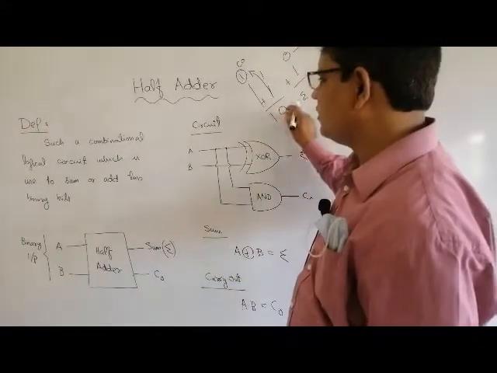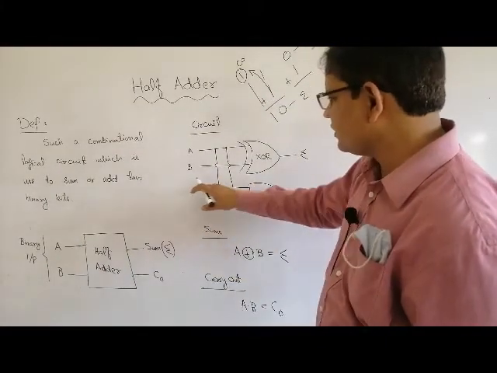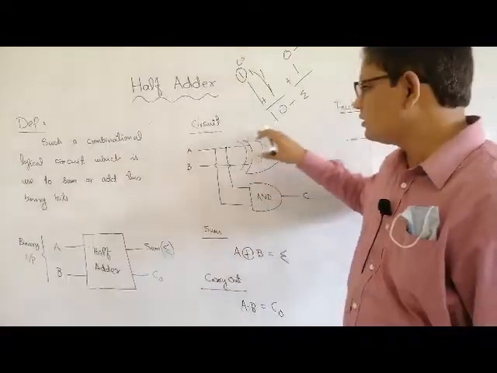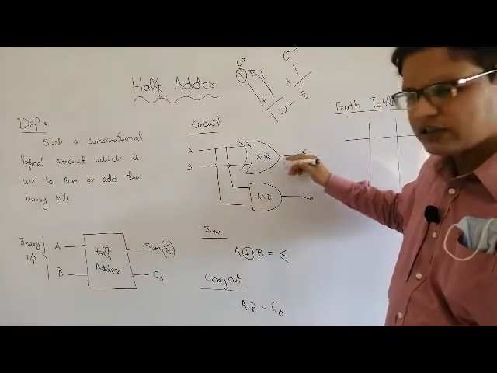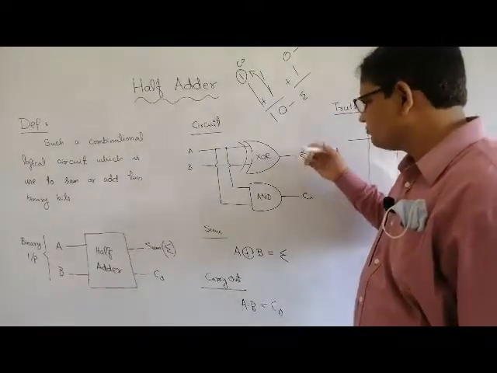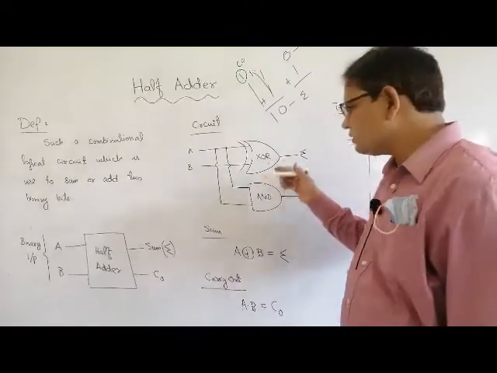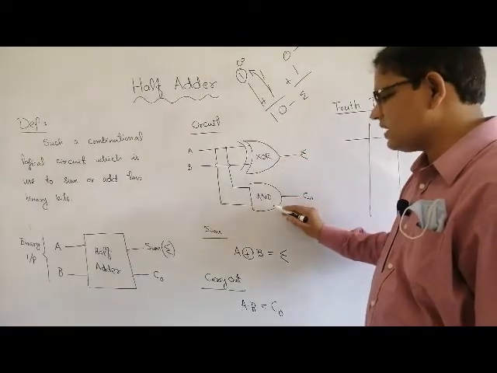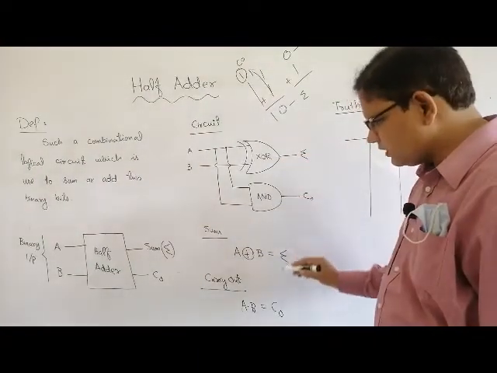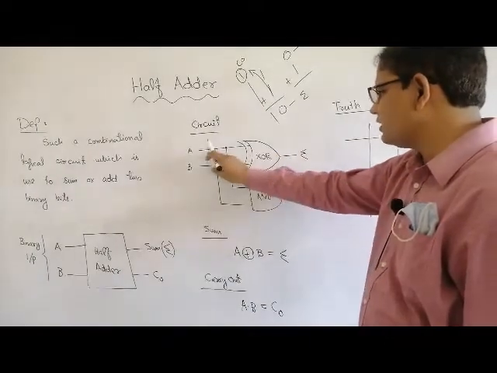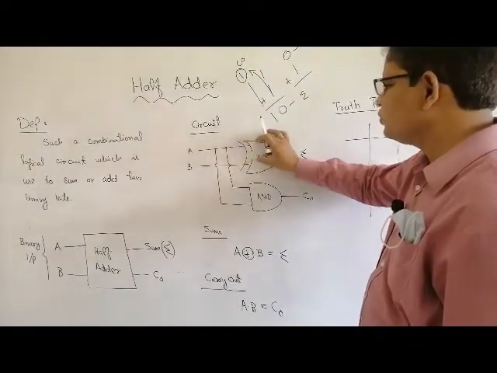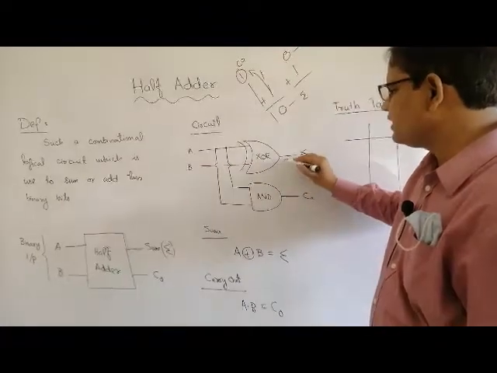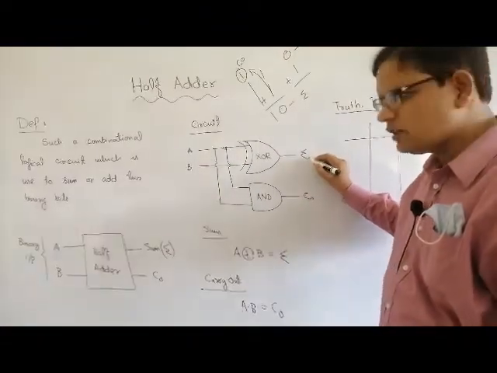Now I am showing you the combinational logical circuit and how it works. Right over here we have an exclusive OR gate and this is an AND gate. The two wires of input are connected with the exclusive OR gate, and the output is showing the sum.